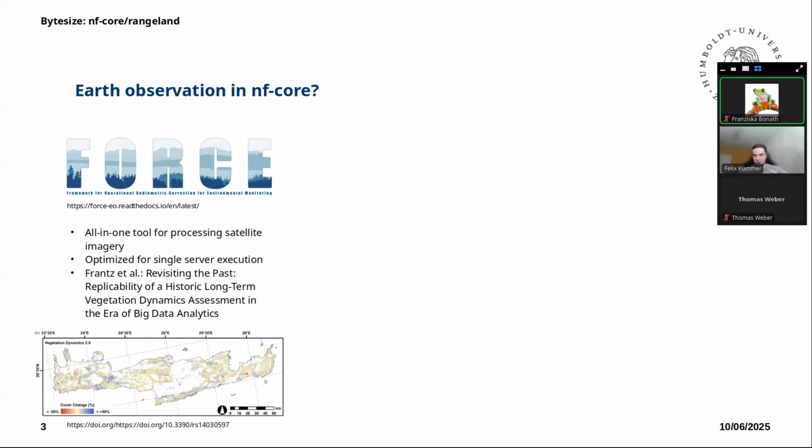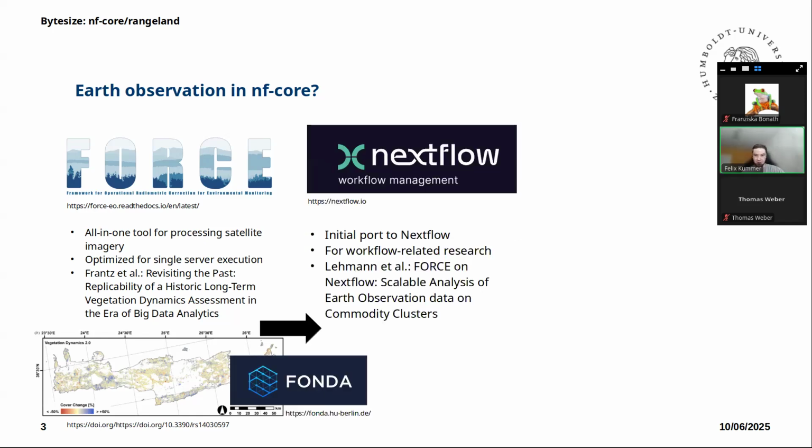This was the first scientific workflow, and this is also the basic functionality of Rangeland. We want to analyze the vegetation dynamics, not only on Crete, but generally on some kind of area of interest. The original version of the workflow was just a bash script, optimized for single server execution, and thus not really what we might consider a scientific workflow at this stage.